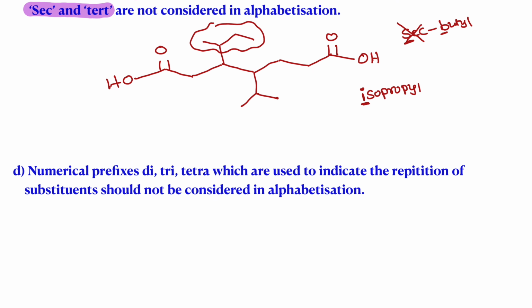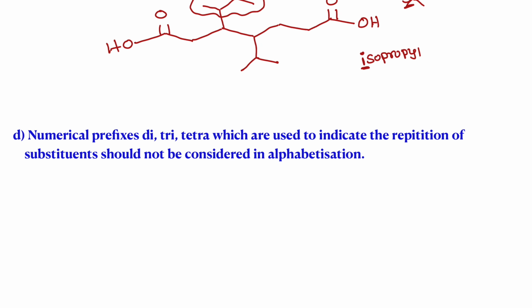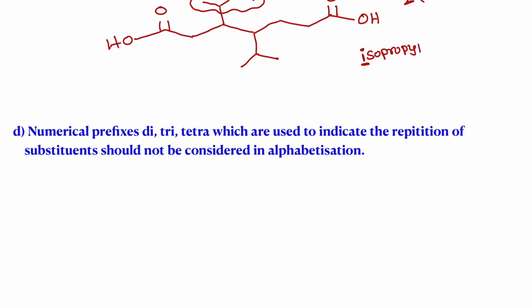And one more point, that is the numerical prefixes di, tri, tetra, these are not considered in alphabetization. That is not the actual name of the substituent. Numerical prefixes di and tri are used only to indicate the repetition. For example, we have a compound like this, and here this is bromine, this is bromine, and here this is chlorine.